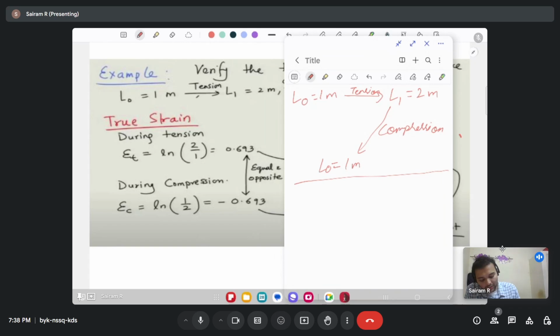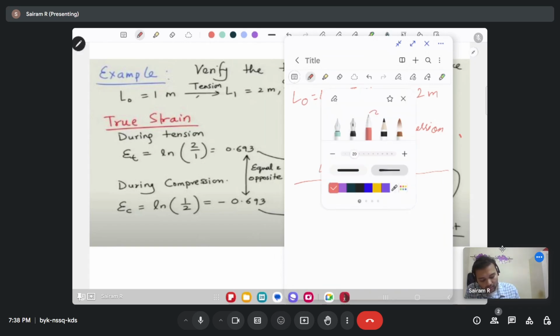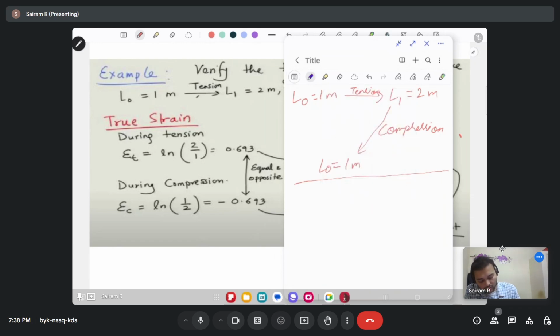So there are two steps. Step 1, this is step 1 and this is step 2. So we'll start with true strain for step 1.